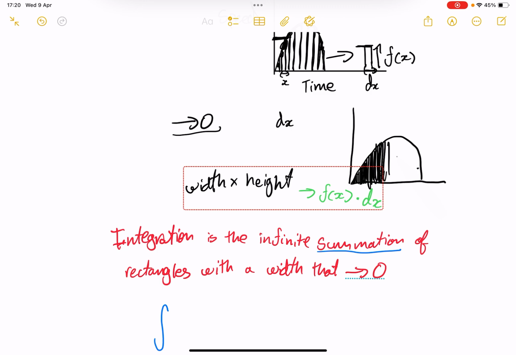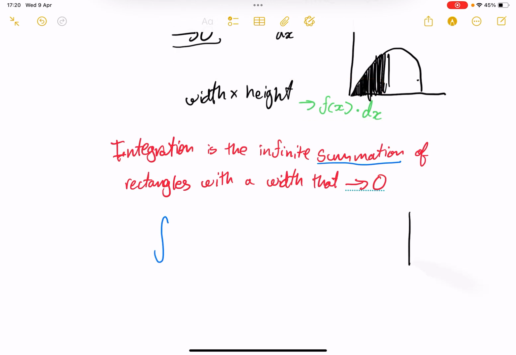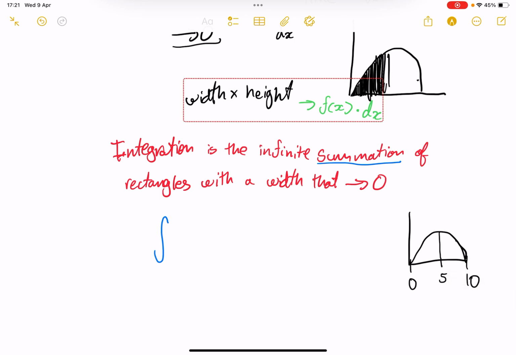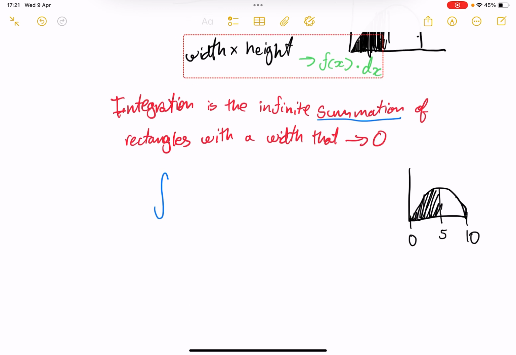So if I want to find the area for a graph like this, where the interval here is 0 and the interval here is 10, and I want to find the whole area, I would of course use the interval of 0 to 10, right? But if I only wanted to find the area of half of this, which could be 5 here, I would use the interval 0 to 5.